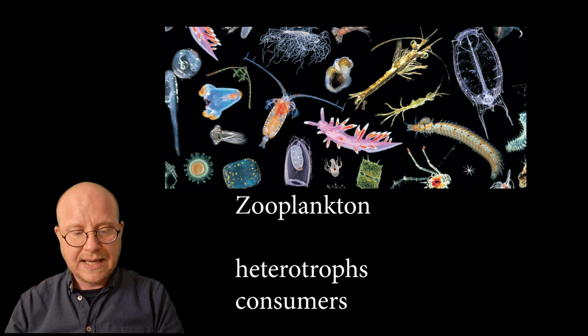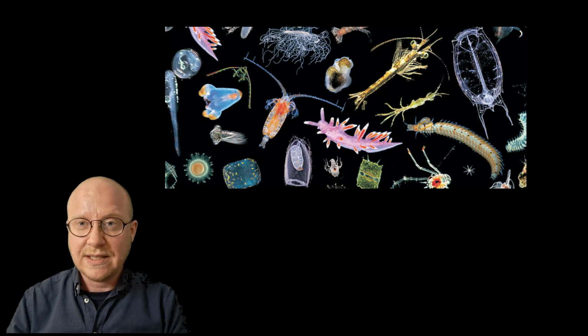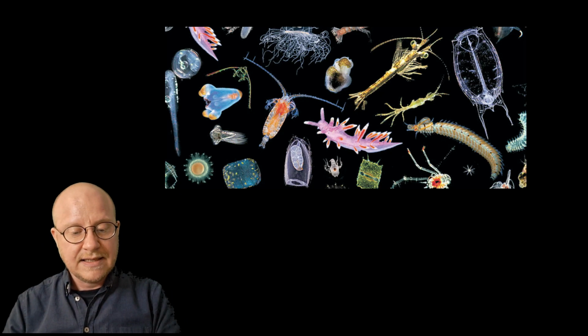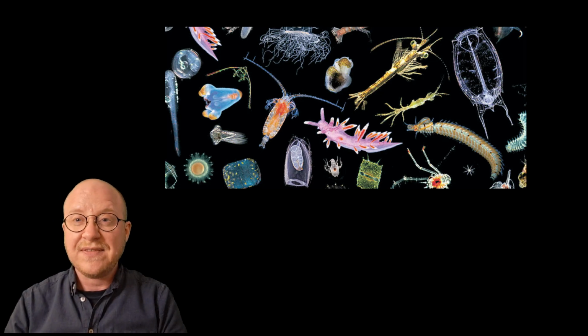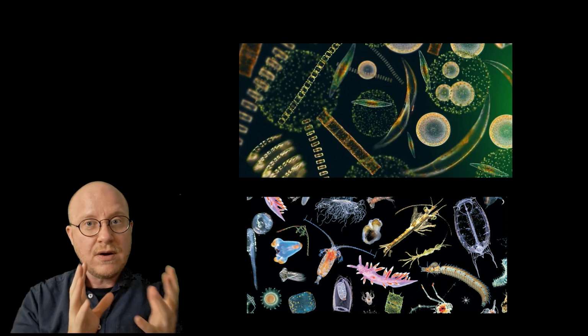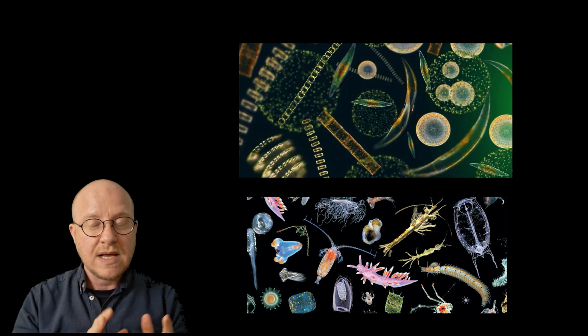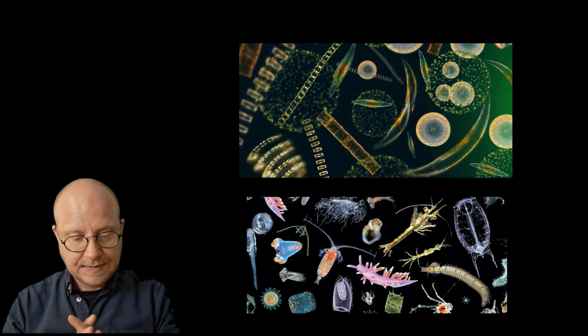So some plankton, also itty bitty little dudes that live in the water, eat other plankton or detritus. They don't do the photosynthesis thing. So you have phytoplankton that do photosynthesis, and you have zooplankton, which eat stuff.